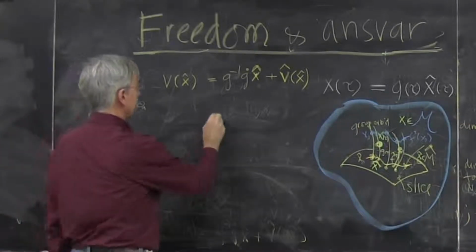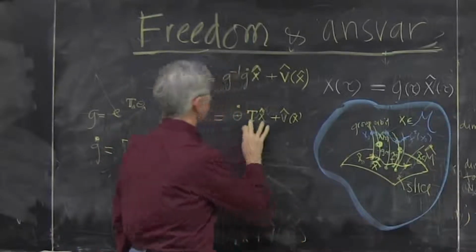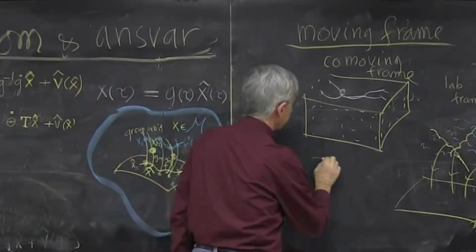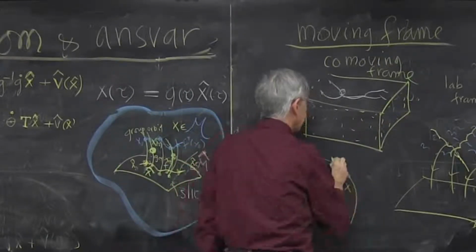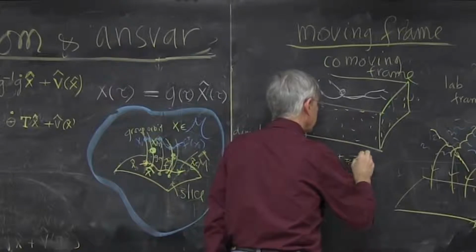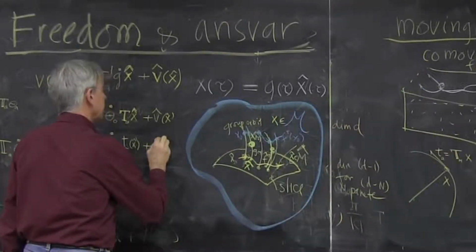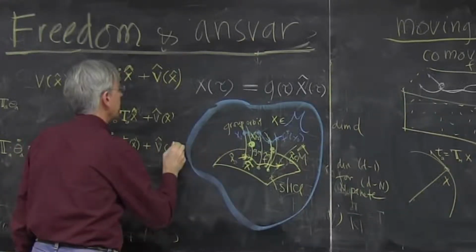So that means that this object here, but what is this object? This is the tangent. If you remember from the last time, whenever we have a group orbit and we add x, then the tangent here is given by this Lie algebra element plus the velocity in the direction in the space.